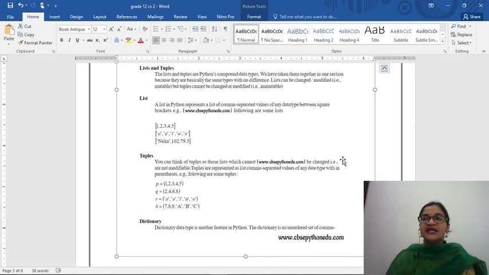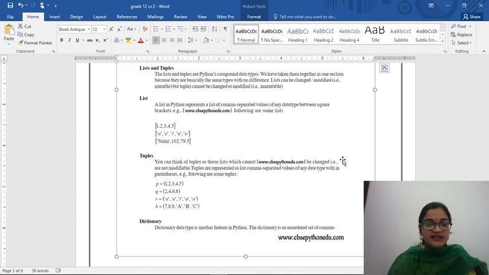Again here you will get the keywords mutable and immutable. What do you mean by mutable? Mutable means which can be changed, whereas immutable means which cannot be modified. Like I'm having 1, 2, 3, 4 and 5 in a list. Instead of 2, I want to place some other value, 6. I can do it because lists are mutable, whereas tuples are immutable.